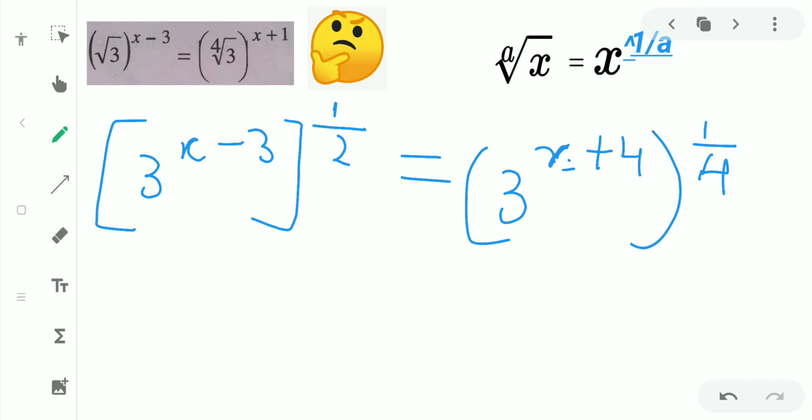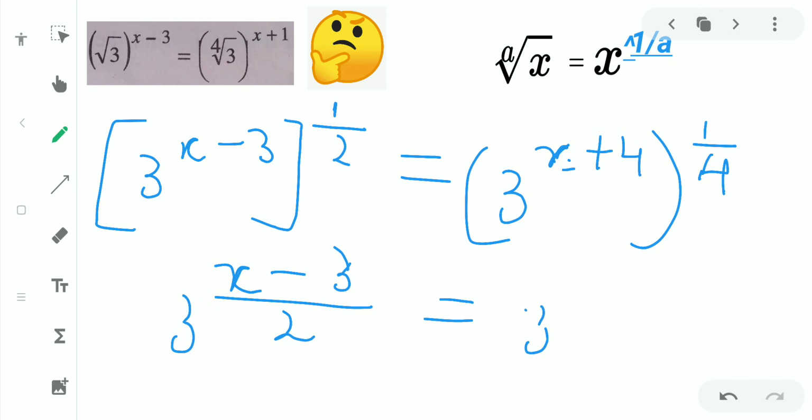So you will get 3 power x minus 3 multiplied with 1 by 2, which is nothing but divided by 2, which is equal to 3 power x plus 4 divided by 4.